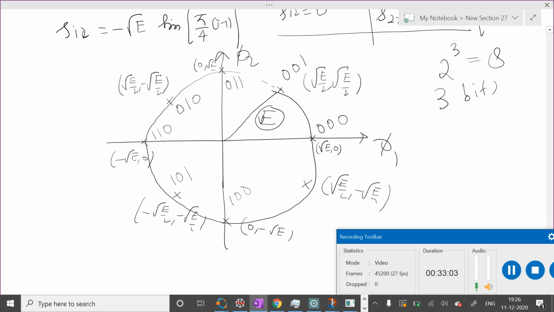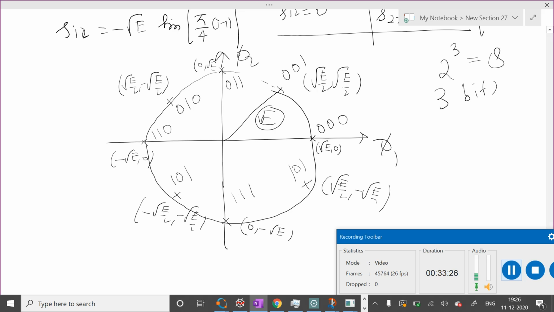The next one in sequence, oh, I think I'm in trouble here, because here is 000, and it should be here something like 101. So to this point I can have actually 111.